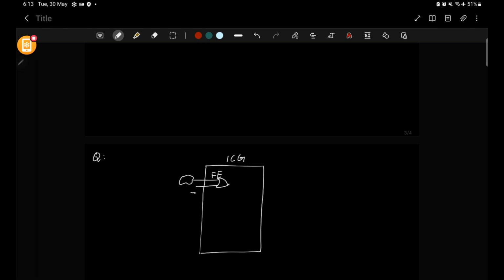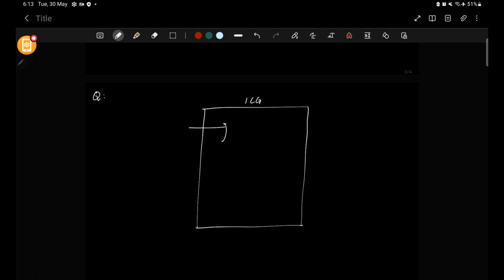Let me draw it a little bit. This is the ICG. This is the functional enable and this is the test enable. The functional enable is coming from some combo logic. For the test enable, just assume that it is grounded.